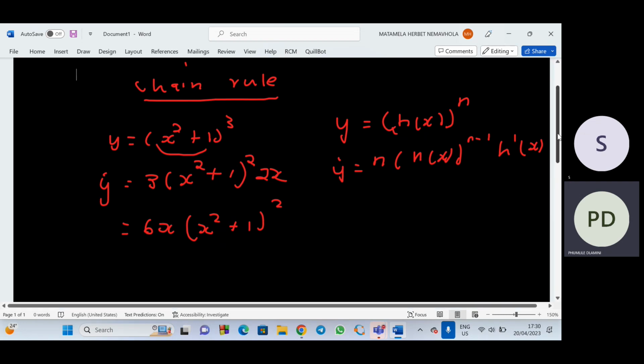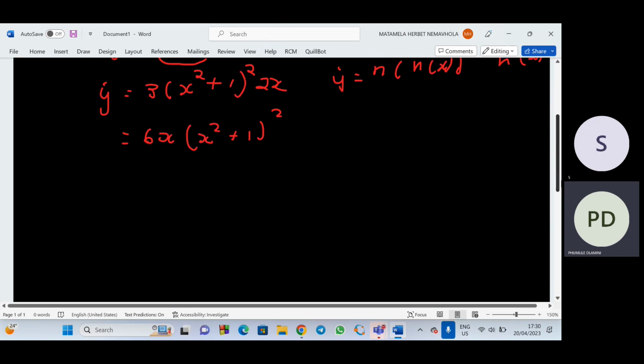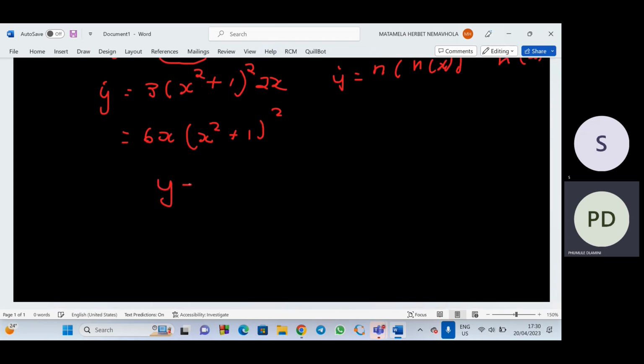So the chain rule can also be applied when you get an equation like y equals the square root of x squared plus 2. The square root of x squared plus 2 is the same as (x squared plus 2) to the power 1 over 2.